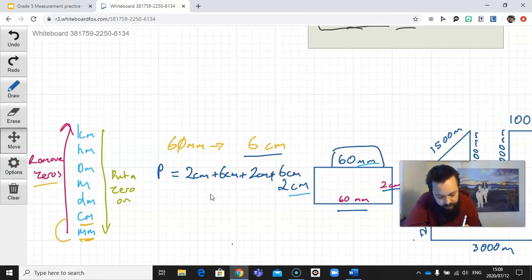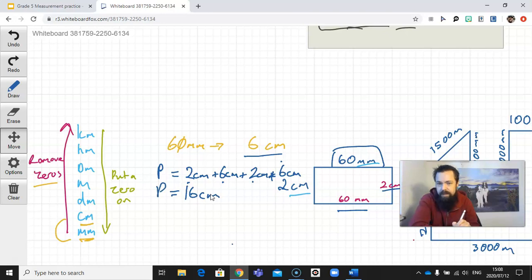It's a little bit messy as it gets quite close to the rectangle, but the next line will be shorter, so I'm just going to persevere. 2 plus 6 is 8, plus 2 is 10, plus 6 is 16 centimeters.